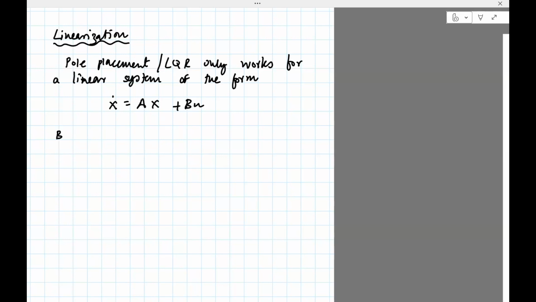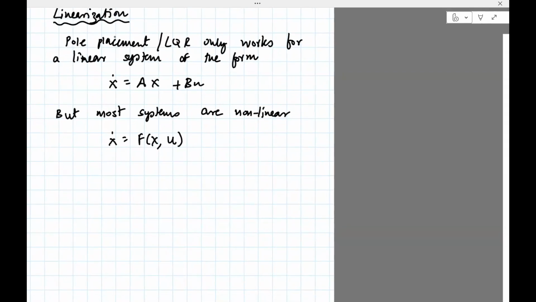But most systems are nonlinear. So I'll write a general nonlinear equation: x dot equals f of x comma u. Here f is nonlinear. Nonlinearity could manifest because maybe x has squared terms, maybe there's x times u, and so on.